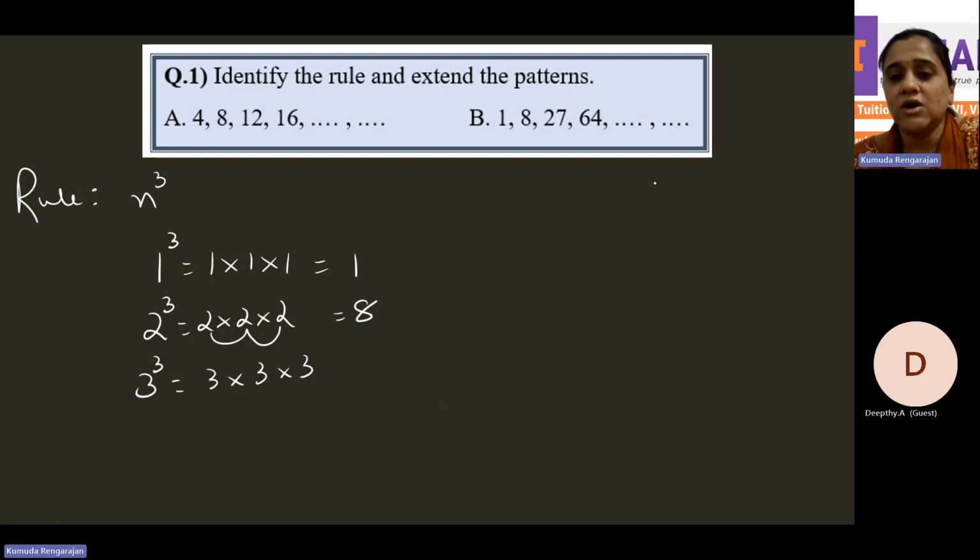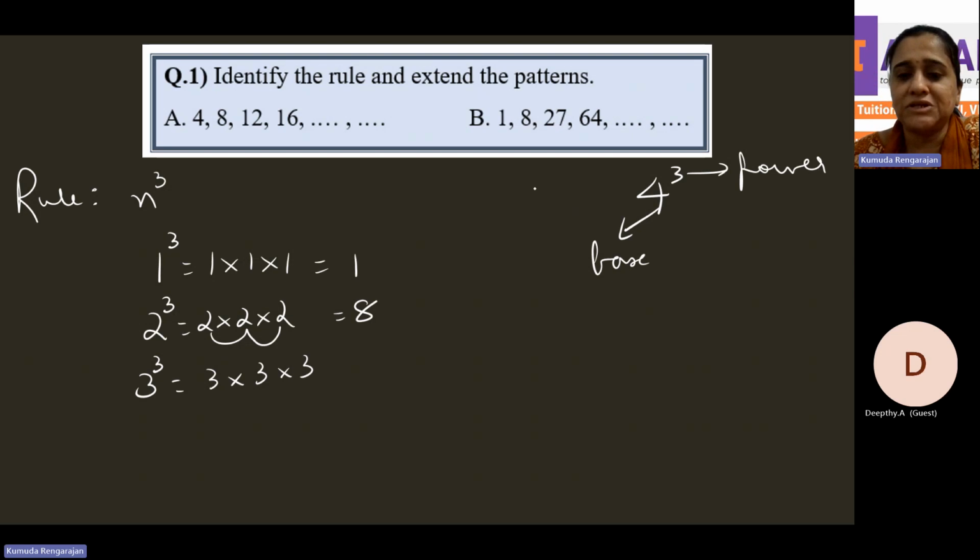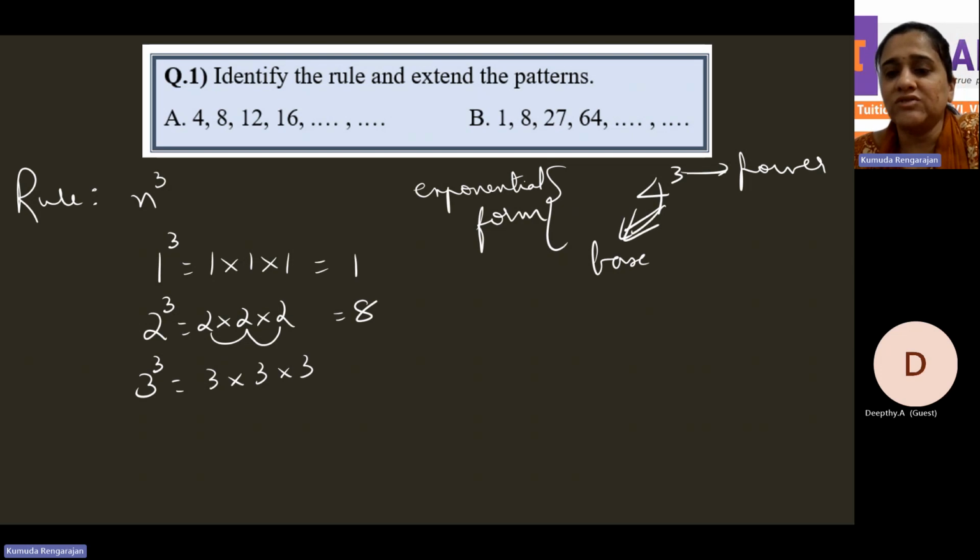Now, if I write 4 to the power 3, the base is 4, the power is 3, and this expression is said to be in the exponential form. The power always says the number of times the base is multiplied with itself.